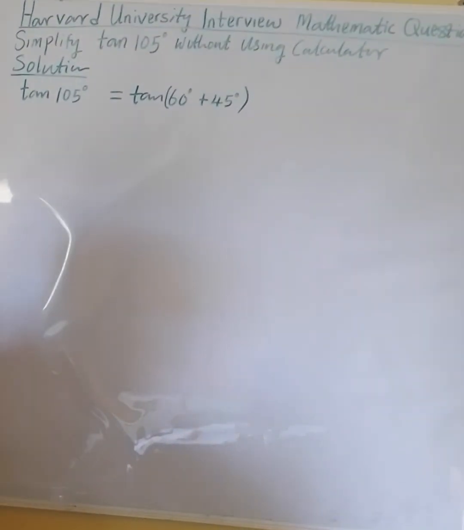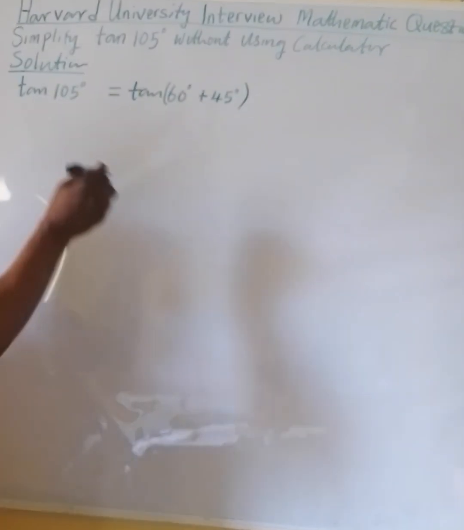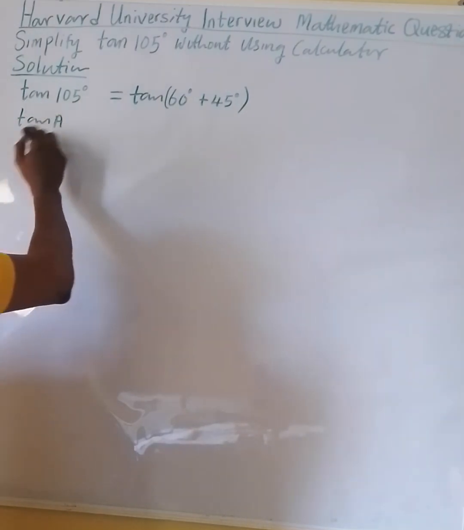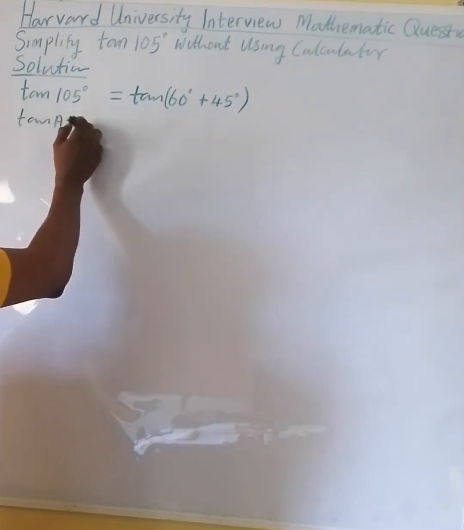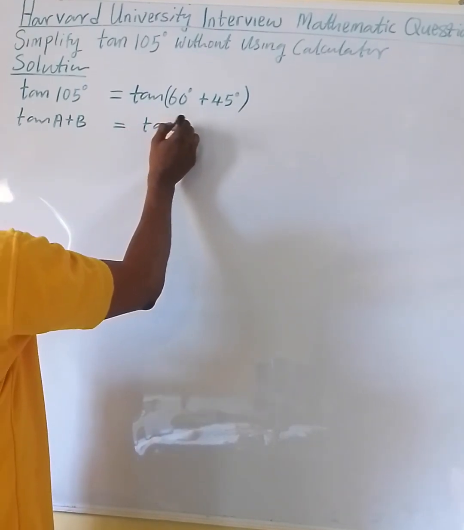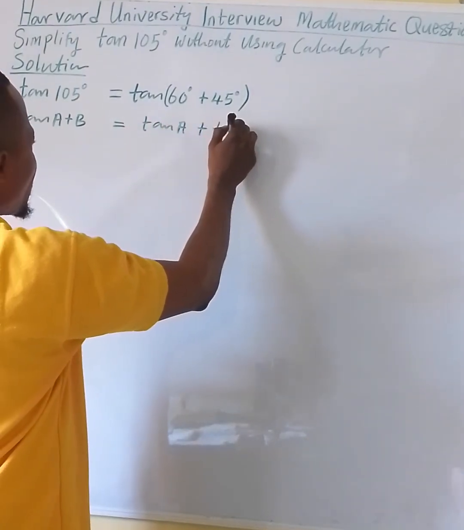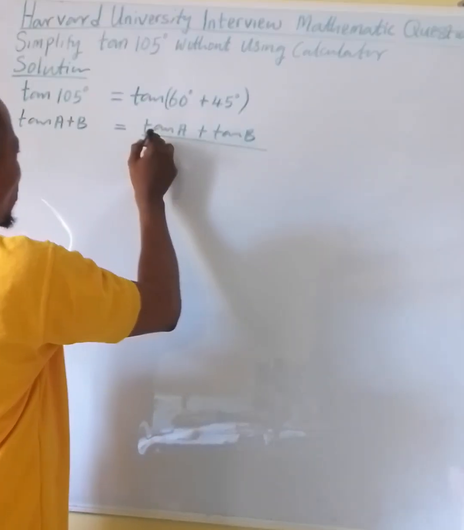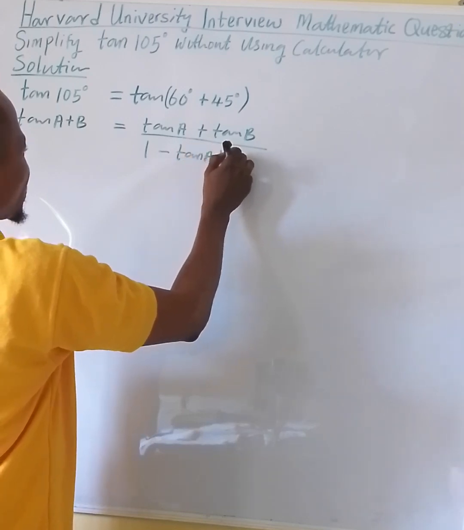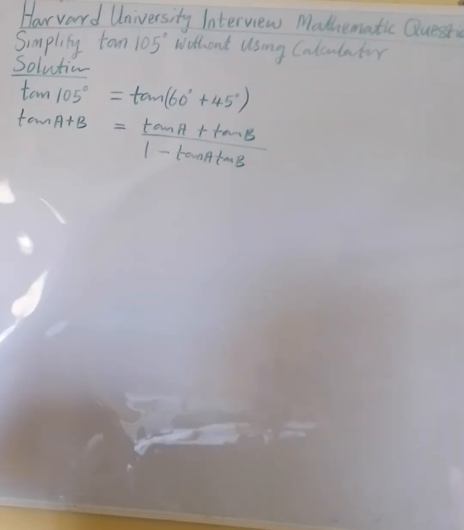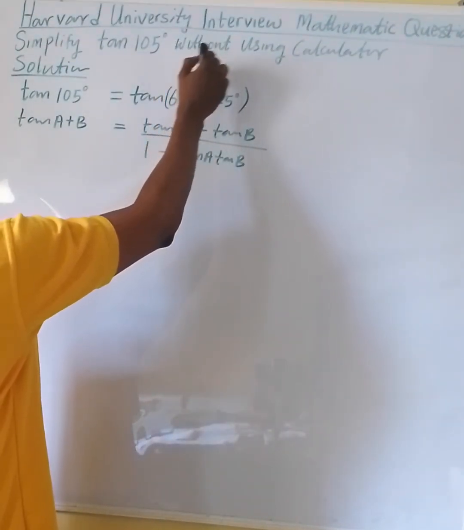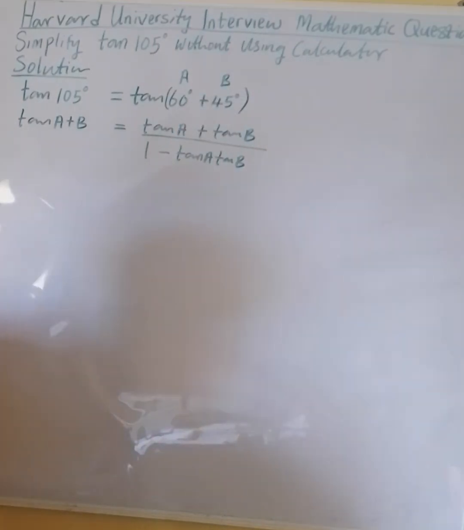Under compound angles, when you have tan like this, let's say tan of A plus B equals tan A plus tan B, all over 1 minus tan A tan B. So that's what we are going to use. Our 60 will serve for A and this 45 will serve for B. Are we together now?